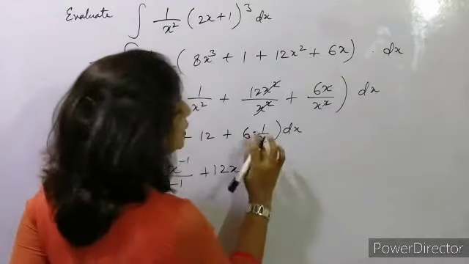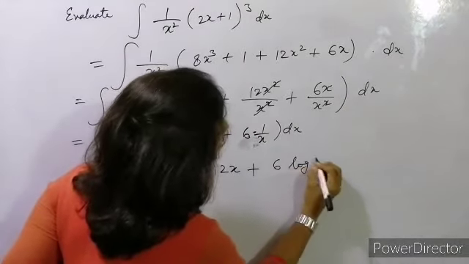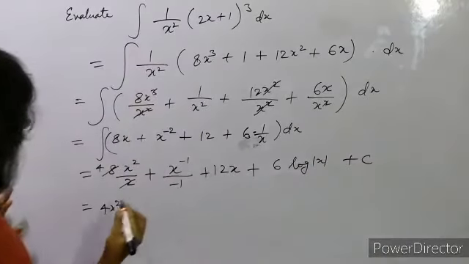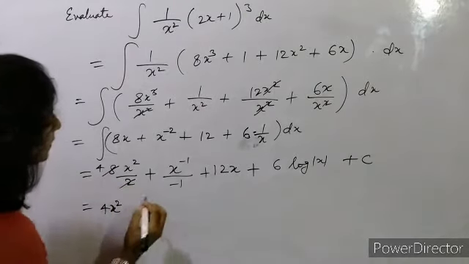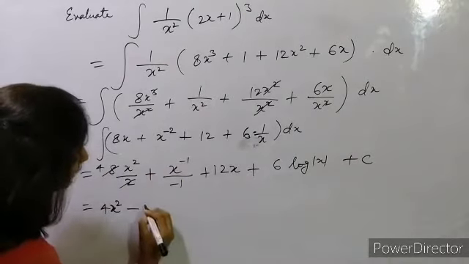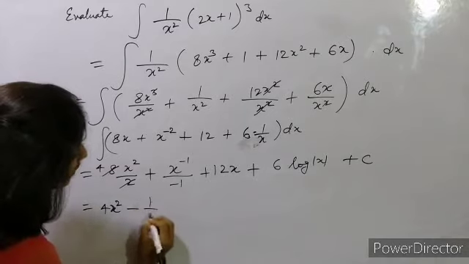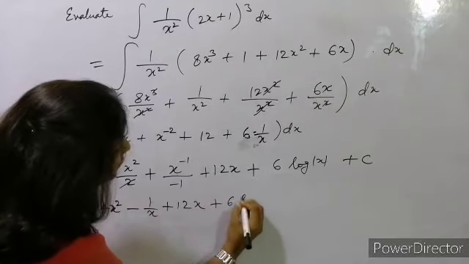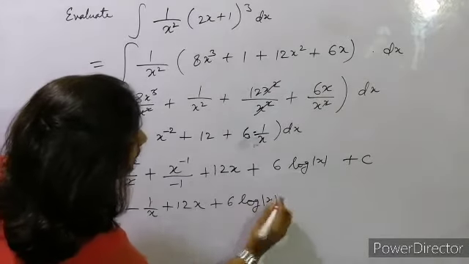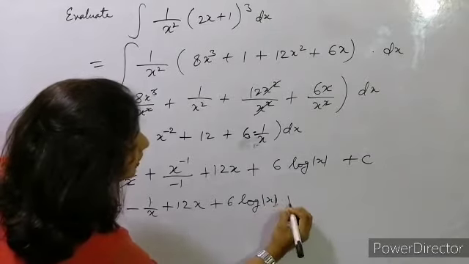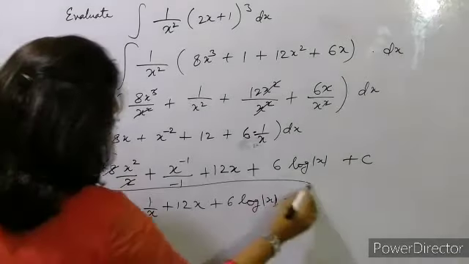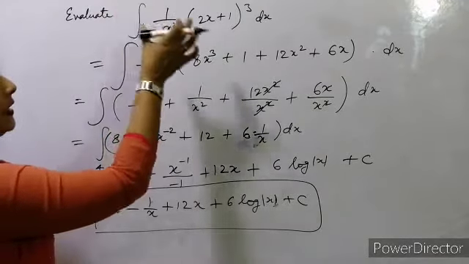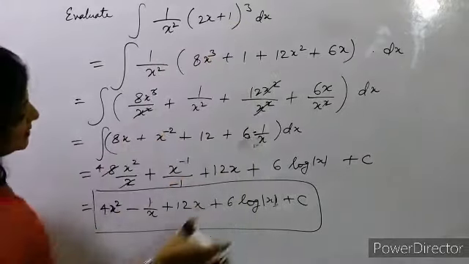So what we'll do, 6 into 1 upon x का वैल्यू क्या होता है, log of x. ठीक है, so this value and plus c. ठीक है, so now this is 4x² and यहाँ पे माइनस हो जाएगा, minus x to the power 1, it means 1 upon x, plus 12x plus 6 log of x plus c. So this will be the value when we are doing integration of this function. So integral of this function with respect to x is this function.